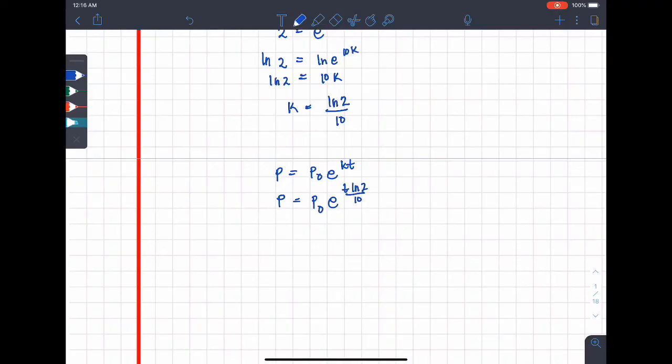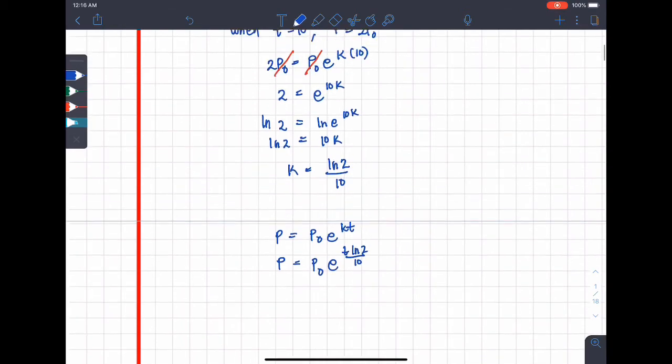And thus, we have the relation of the population at any instant of time, which is equal to the initial population and then e raised to t ln 2 all over 10. It's the relation between the population as well as the time.